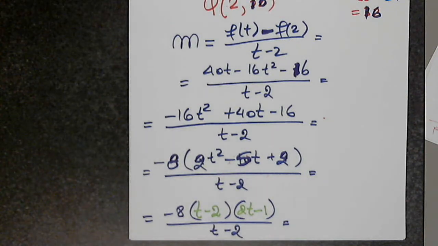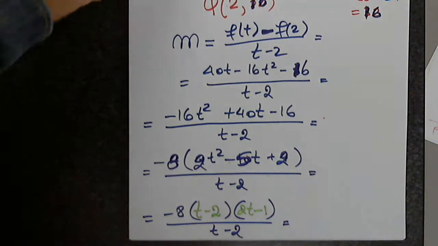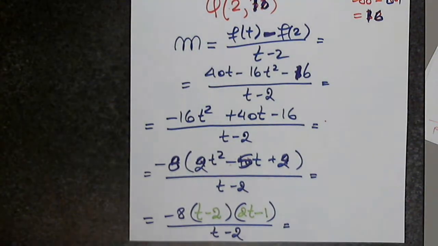Okay, here's a question for you. How did I know that there must be a t minus 2 up there? Oh, because of the denominator. Because of the denominator. Yes.